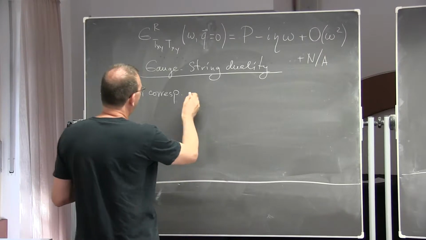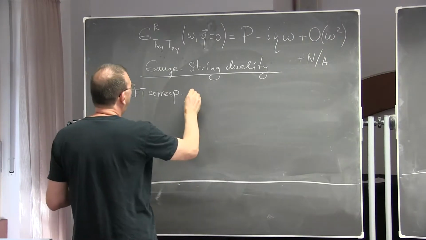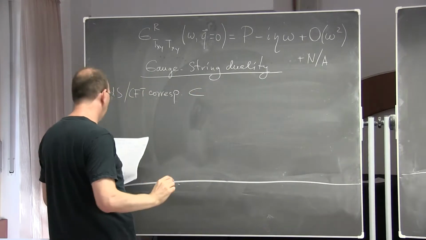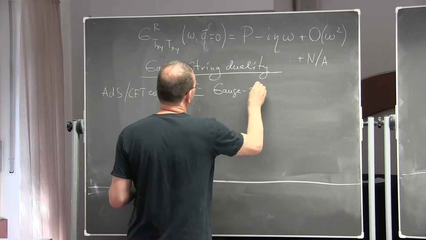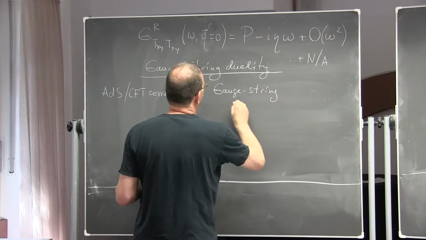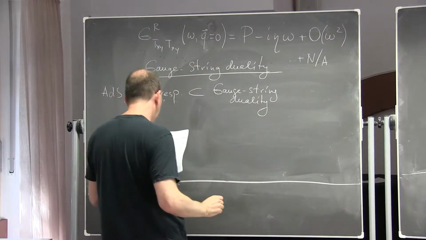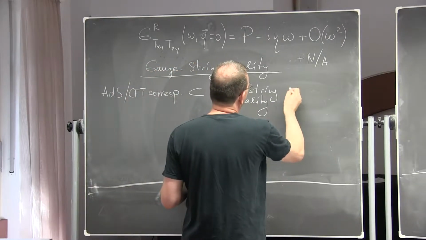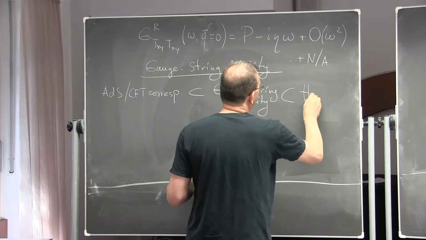And I will write this as a subset. I will use this symbol of gauge string duality, because this is what it is. And then maybe slightly loosely defined, but even more general, is the notion of holography.